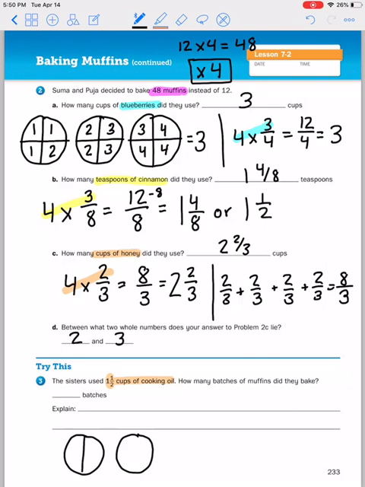They're using 1 1/2 cups of cooking oil. So now I'm going to pretend with these dotted lines that this is split up into fourths. So I know that they're using 1 1/2. So let me see how many fourths are in 1 1/2.